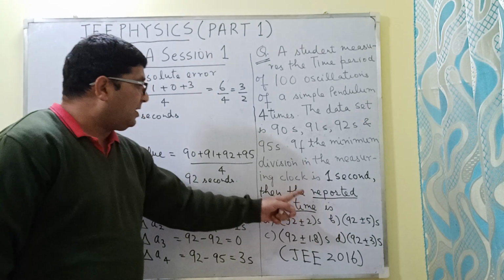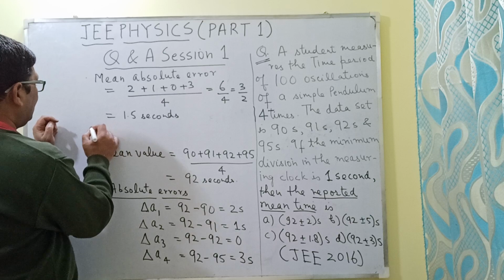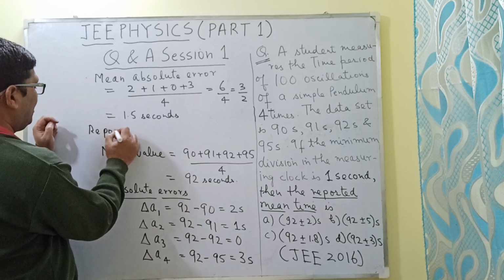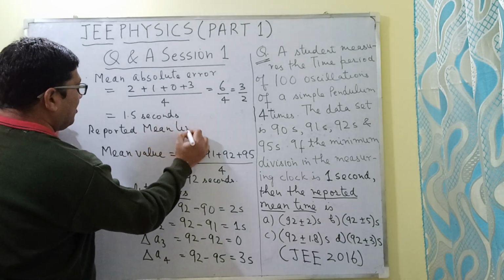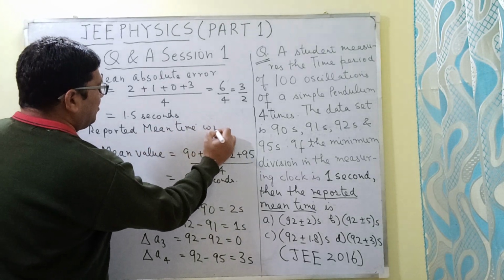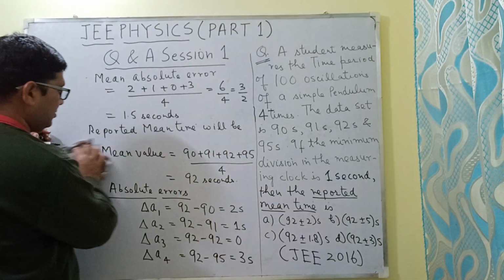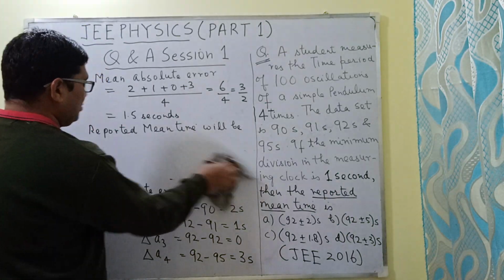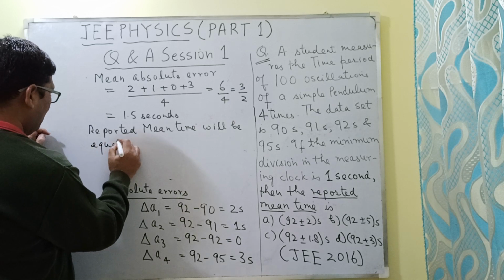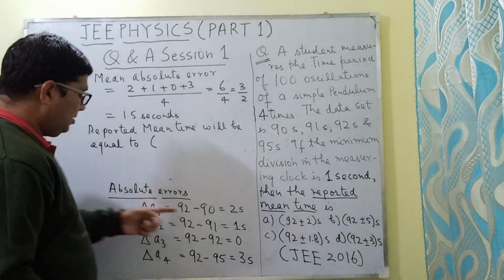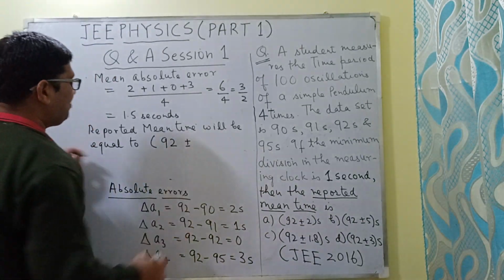Since the minimum deviation in the measuring clock is 1 second, the reported mean time will be equal to the mean value, which was 92 seconds, plus minus.